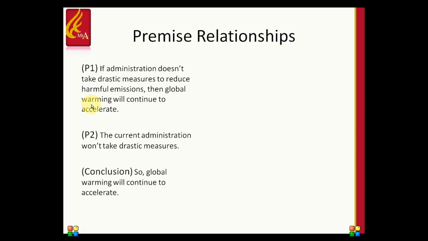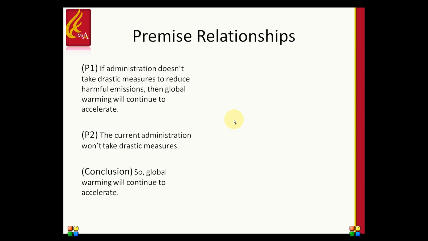In this case, premise 1 and 2 are connected. They're working together in order to support this conclusion. So this one is a conditional claim, and this is information that ties in to this conditional. So it's an if-then claim, and this is essentially the antecedent or the left-hand side of the if-then claim. And these two things work together to support this conclusion.